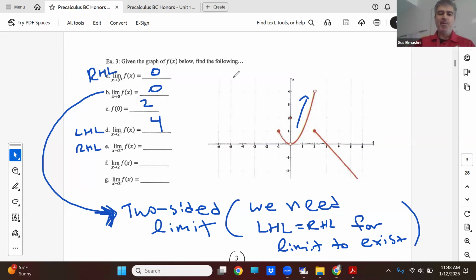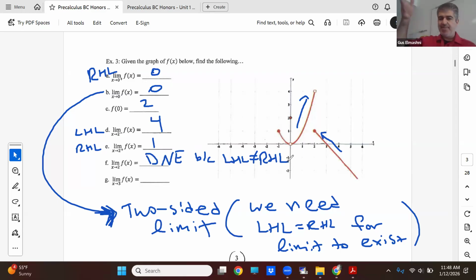Okay, 2 from the right side, what's it getting close to? Actually, it does hit spot on. It's 1. But that does not exist because the LHL does not equal the RHL.